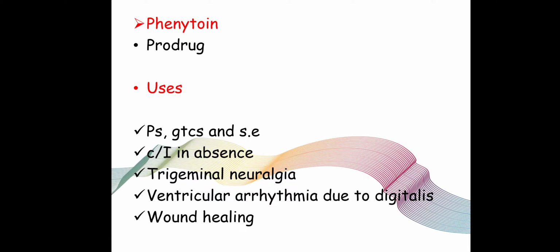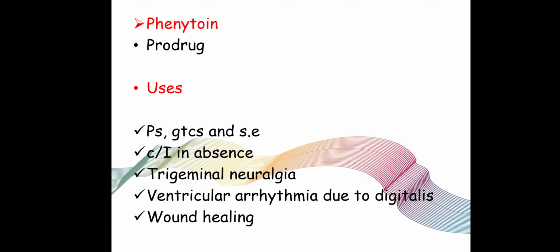SE means status epilepticus. We'll discuss status epilepticus separately also, but these are the three major types of epilepsy in which phenytoin is used. It is not used in absence seizure, and also it is not used in myoclonic seizure.